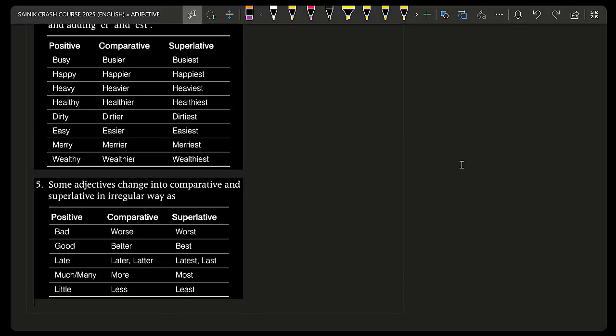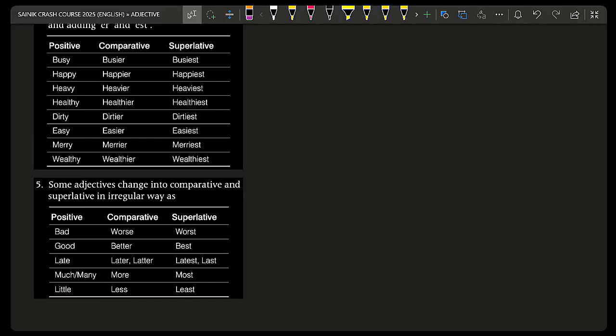So good, better, best. Late, later, latest. Either you can use latter or last also. Much, more, most. Many, more, most. Little, less, least. Here there is no pattern of adding er and est, so they are irregular. That's why you must remember such exceptions.